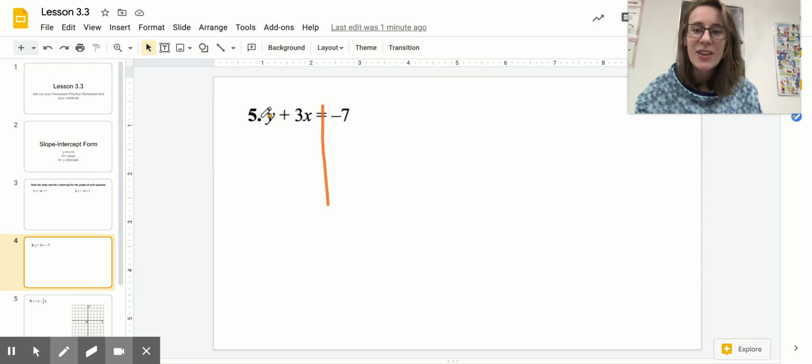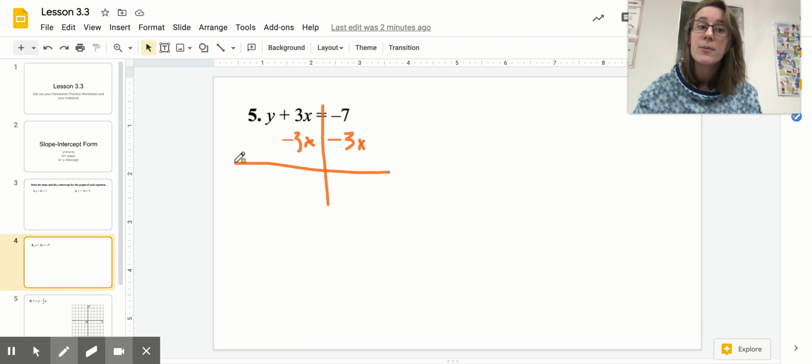So here I look at this and I want y by itself, but it is not here. So all I have to do is I want to move this plus 3x. We do the inverse of that. This is just like solving equations. So you're going to subtract 3x from both sides.